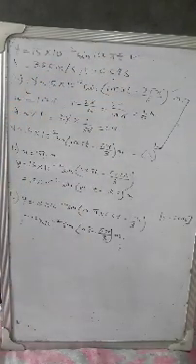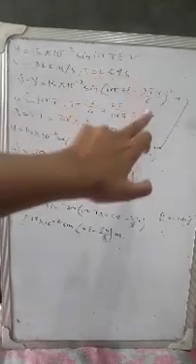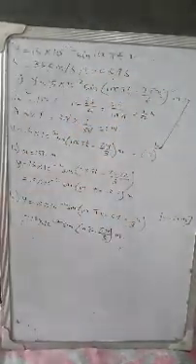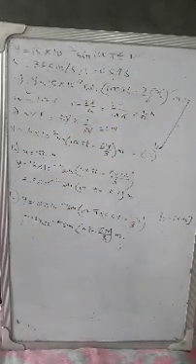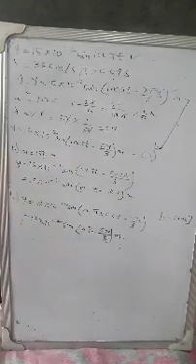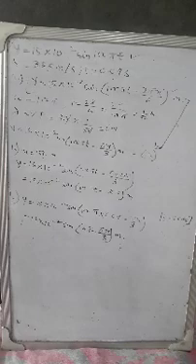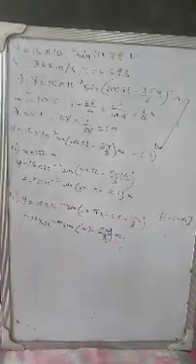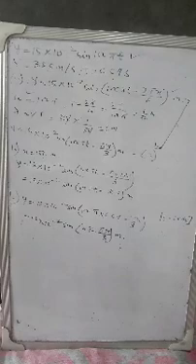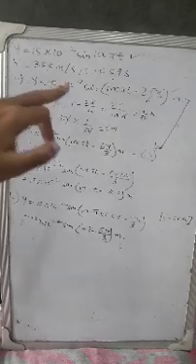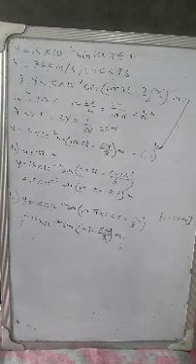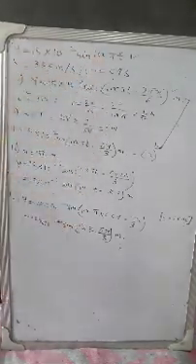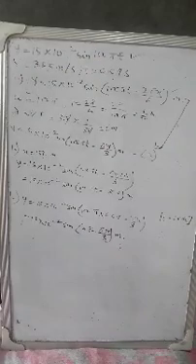The value of v is given for part A, for part B this value of x is given, that is x equals 150 meter, and for part C you are getting the value of time t. So these are the data you are getting. From these data, you have to calculate the value of omega from the main equation and the other parameters.